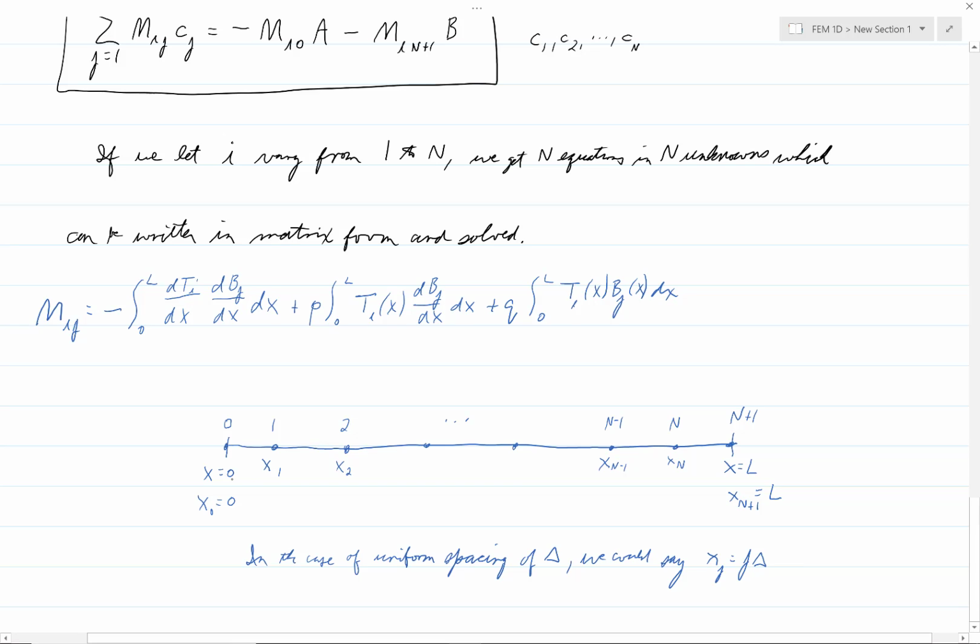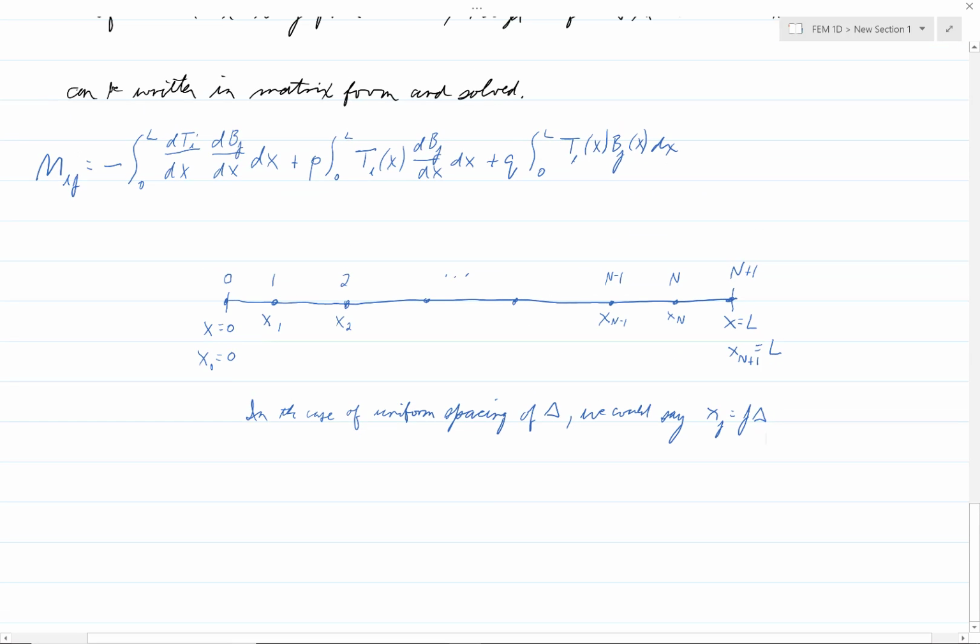Since x0 is 0, x1 would be delta, x2 would be 2 delta, x3 would be 3 delta, and so on. But that equation is only good in the case of uniform spacing, and one of the real advantages of the finite element method is how easily it handles the case of non-uniform spacing.